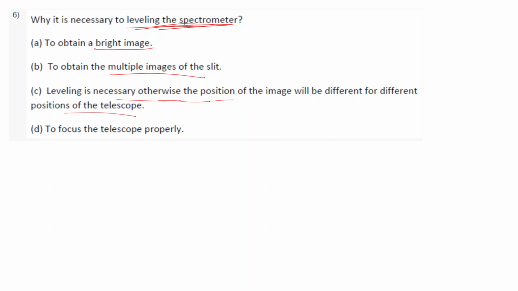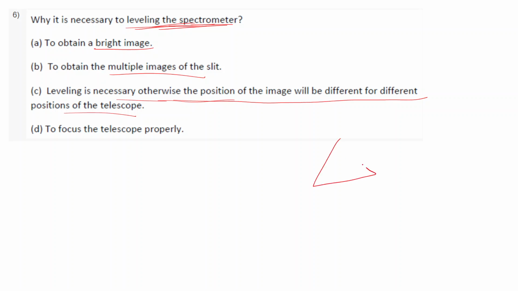And we know if leveling is correct, we'll get, for a particular incidence angle, the same telescope position if we want to get the brightest refracted or emergent light. That will happen only at the same position.